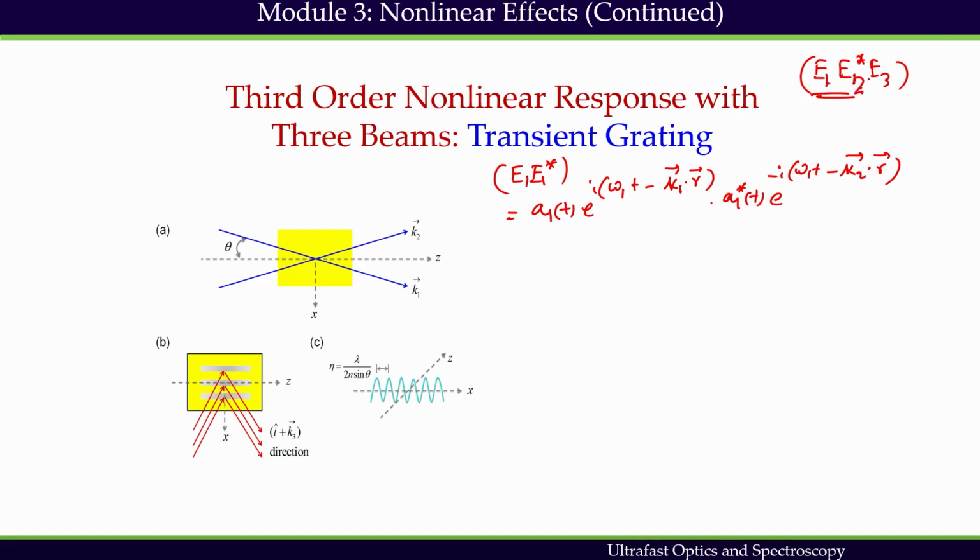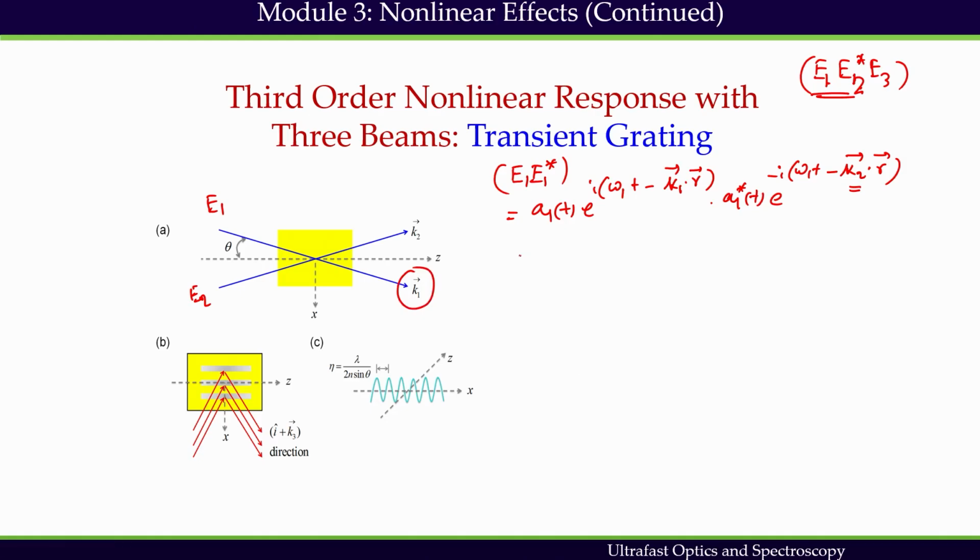E1 and E2 are the same thing. So we have to get the product of these two terms. We should remember that although we present E1 star or E2 star as equivalent, their only difference is K2, that is the direction.